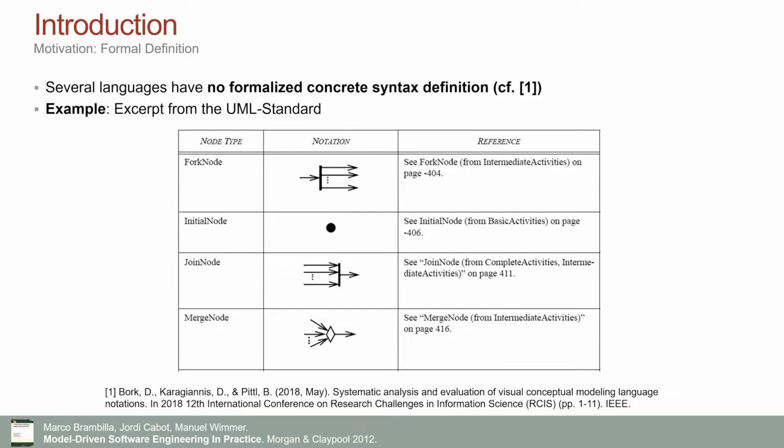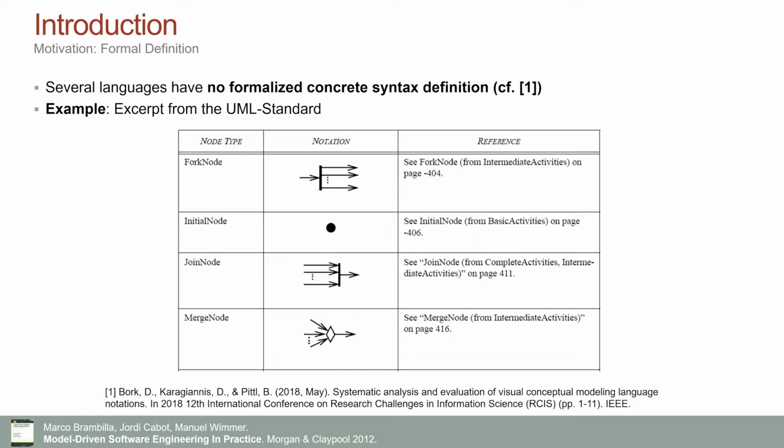So albeit the fact that the meta models are very formally specified, when we consider the concrete syntaxes, most of the times in the standards, for example, look at the UML example here, they just use such a mapping table, where on the left-hand side we see the node type. The node type is an element of our meta model, and then the notation is the visual element.